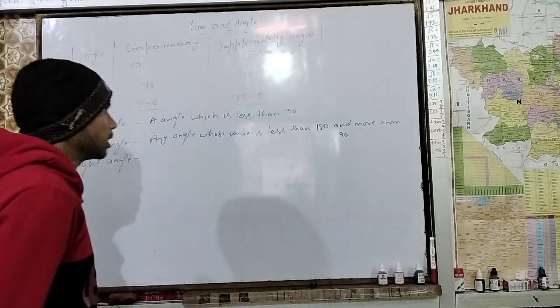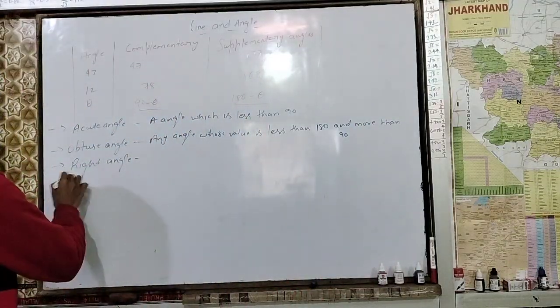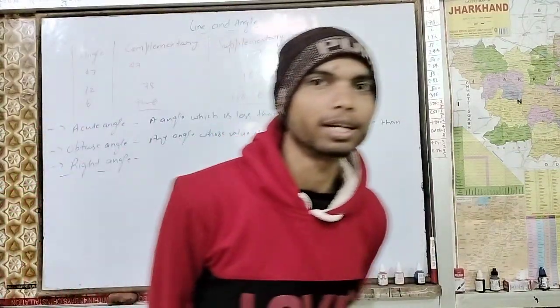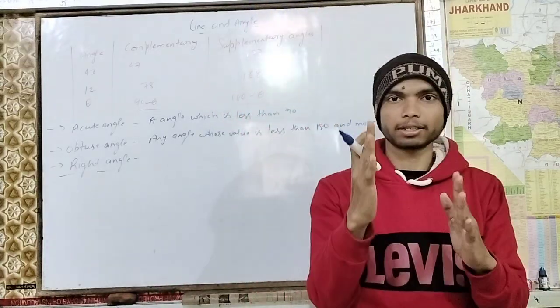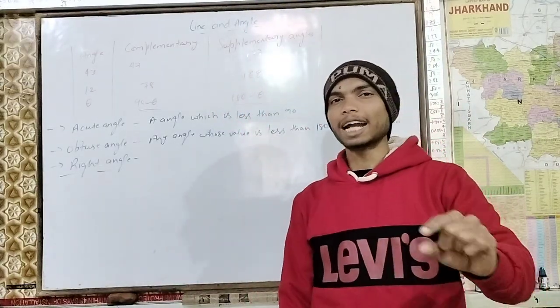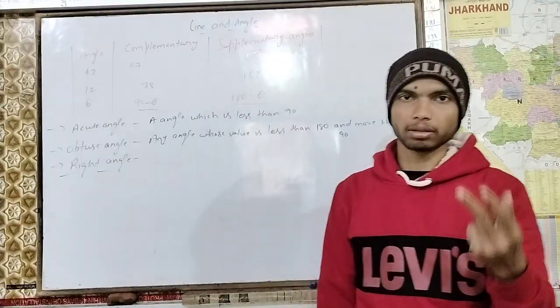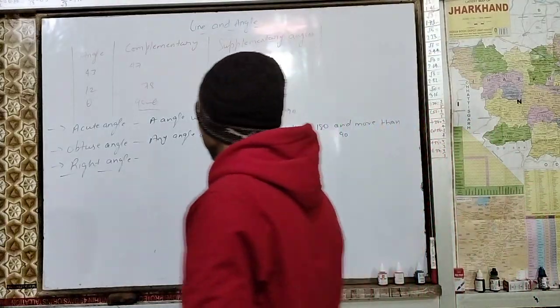What about the right angle? Right means perpendicular, a straight line. A right angle means 90 degree.